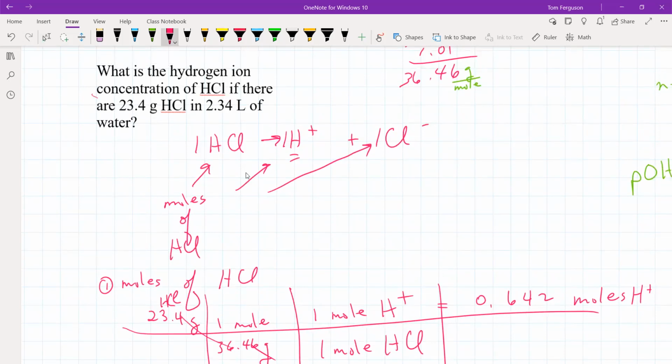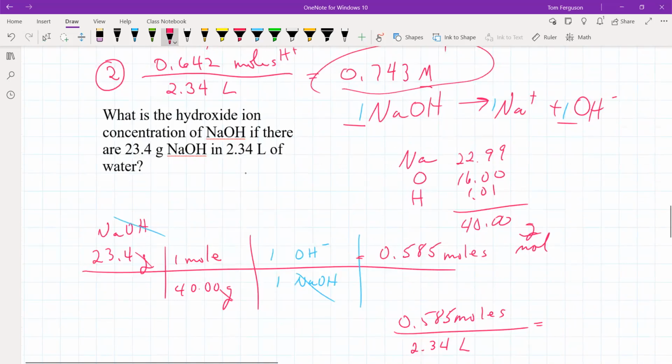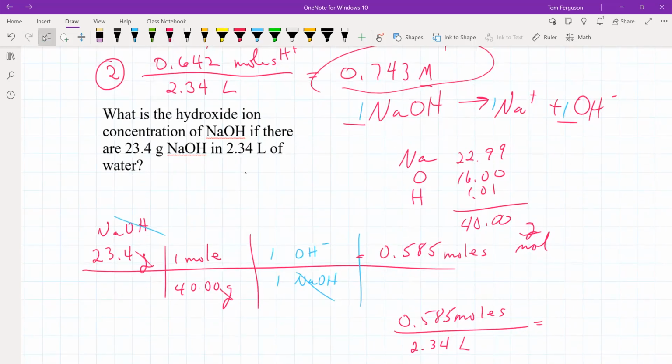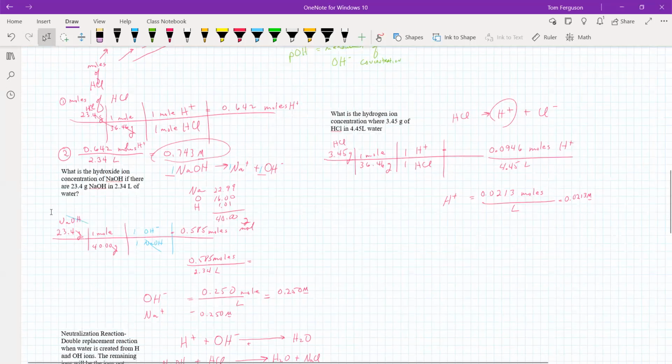We want concentration, that's moles per liter. We can do a very similar calculation if we're looking at a basic environment like this guy here.